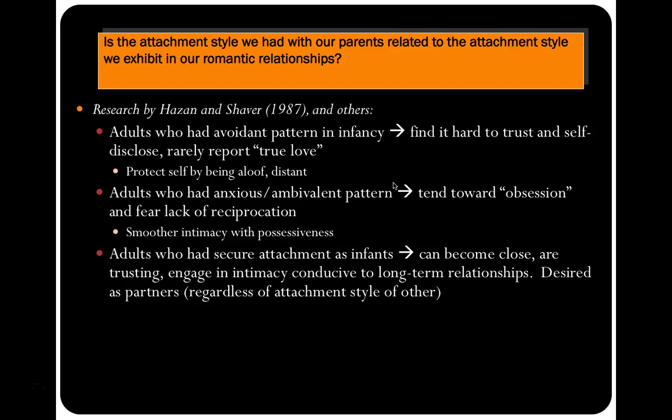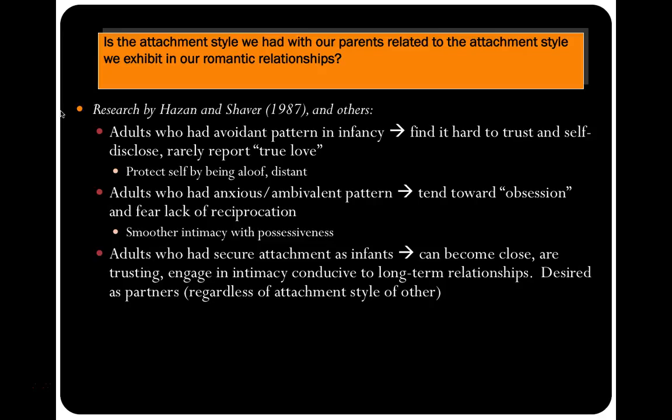Then they did research looking at the romantic and interpersonal relationships of people who identified as having one of those three patterns that we just saw in the previous slide. I should back up a bit and say they actually went back, identified these adults, and asked them what it was like growing up.